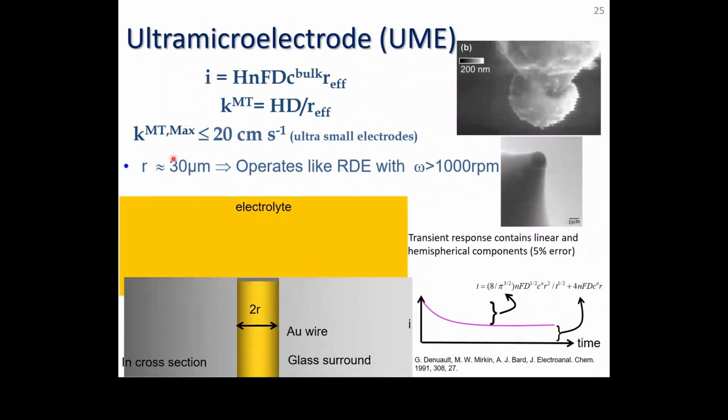Just to give you an idea, a 30 micron diameter ultra-microelectrode has a mass transport coefficient, a KMT, which is equivalent to about a rotating disc electrode rotating at about 1,000 RPM. So at 30 microns, you've got something which is approaching as good as you can do on a rotating disc electrode.